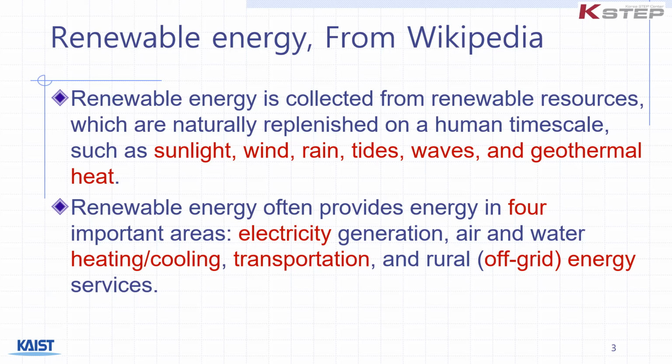Local, rural, off-grid. There is a grid. All the electricities are connected through the grid. Nowadays, they are talking about the smart grid. But this one is off-grid, something like a small island. For Koreans, it can be Dokdo Island.